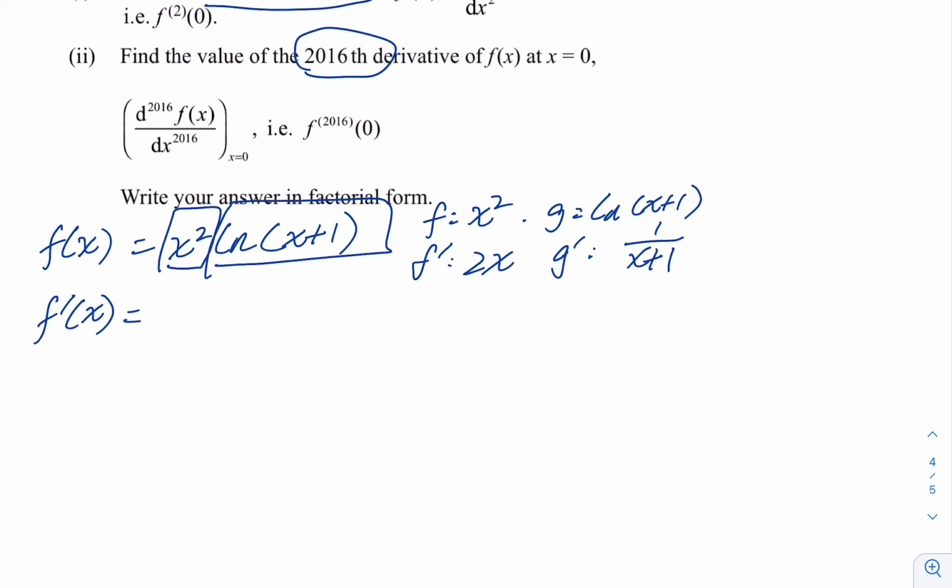Now, that will be f g dash plus g. Sorry, it should be g f dash. My bad.